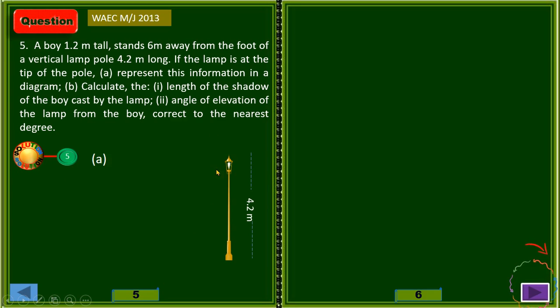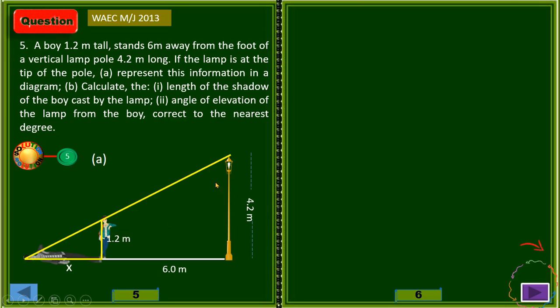So that is the lamp pole, 4.2 meters long, and this is the distance where the boy is standing, 6 meters from the lamp pole. That's the boy, and this is the shadow of the boy. The light from the lamp is what is casting the shadow.